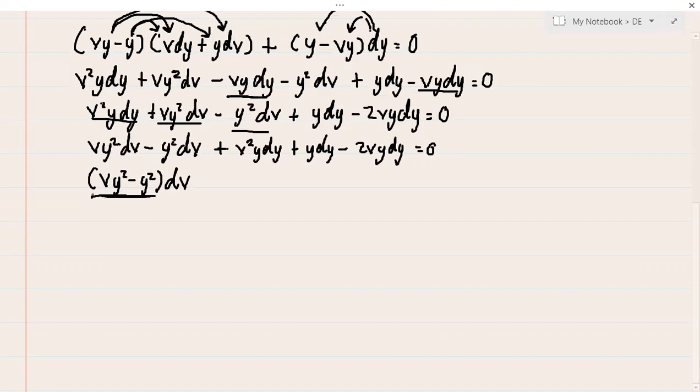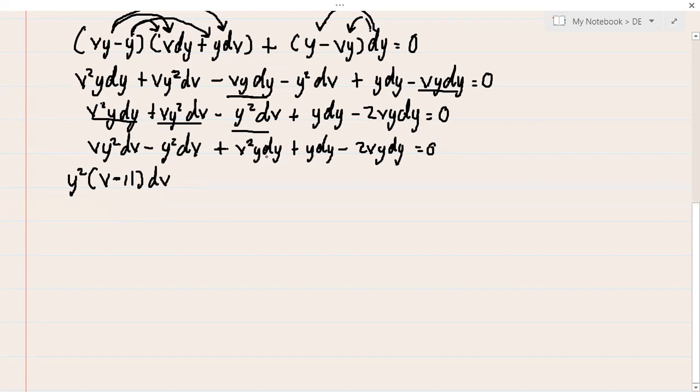Kung i-factor out nyo itong parenthesis na to, ang i-factor out nyo is si y squared, kasi yan yung greatest common factor niya. Kung i-factor out mo dito si y squared, ano magiging resulta? We will have y squared times quantity v minus 1 times dv.